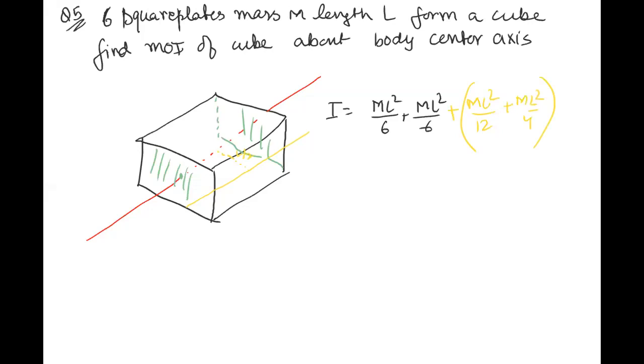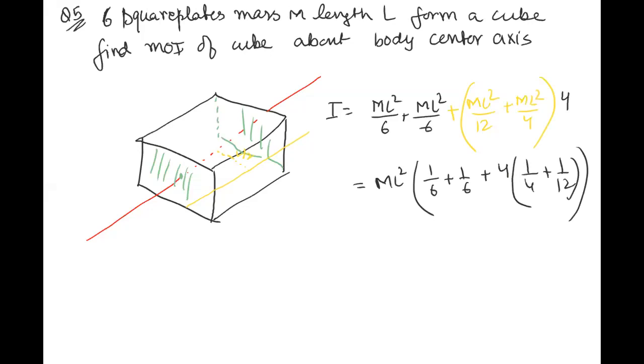And this would be 4 times because there are 4 sides. Basically, if I take this common, 1 by 6 plus 1 by 6 plus 4 times 1 by 4 plus 1 by 4. So this will come out to be ml square times 1 by 3 plus 1 plus 1 by 3, 2 by 3 plus 1, 5 ml square.